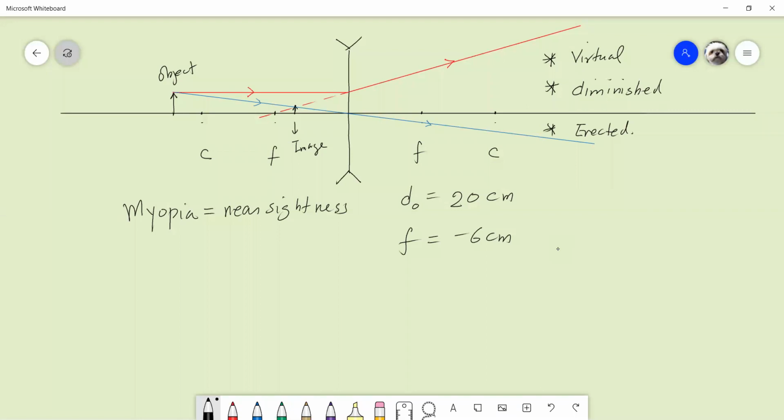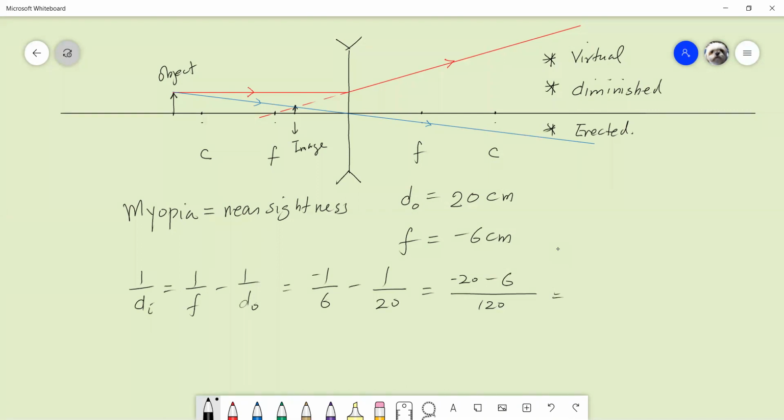I want to find the location of the image. So minus 1/6, minus 1/20, right? There will be minus 20, minus 6, right?